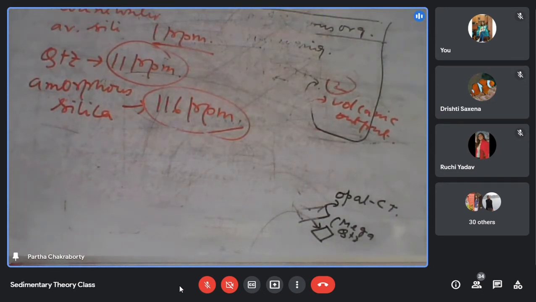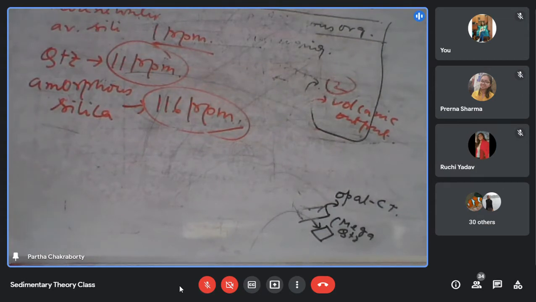I think the problem is clear to you. Yes, sir. If there is any confusion, anybody may ask me what exactly the question I am trying to pose. I repeat that the river water has 15 ppm silica.